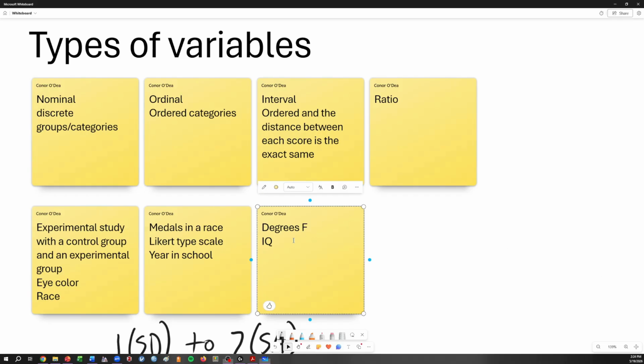Another example of an interval unit of measurement could be the calendar year, because the distance between 1980 and 1981 is the exact same as the distance between 2005 and 2006. And so calendar year would be, again, an example of an interval unit of measurement that you could measure as a discrete variable, meaning 1990 or 2006 or 1772.